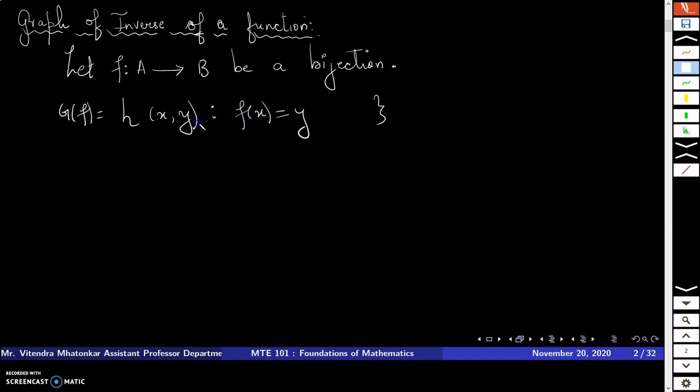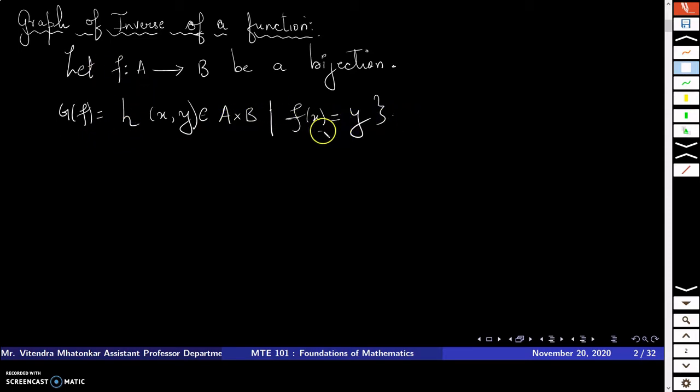Okay, and these pairs are coming from the Cartesian product A cross B. So I can mention that as well. These are ordered pairs in the set A cross B such that f of x is equal to y, right? So that's the graph of this function f.